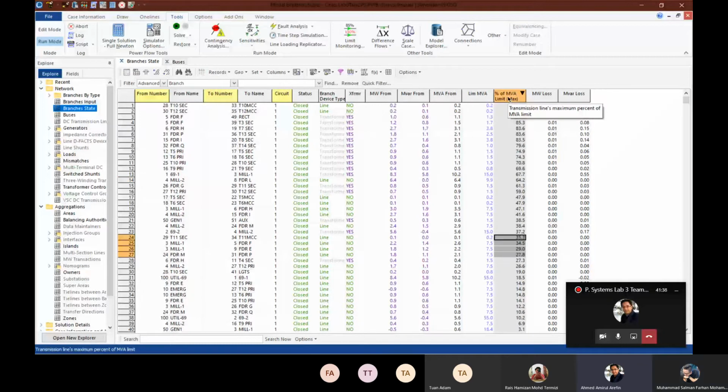Yes, bus number 28 and bus number 30 have the same value, 95.6. Why did you highlight 35.3?